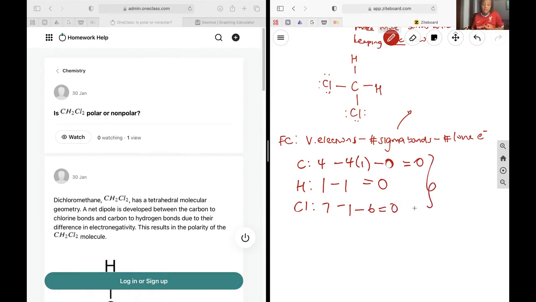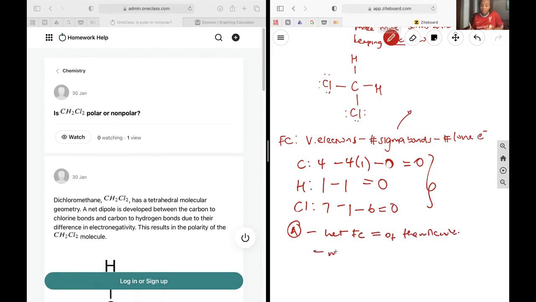So I can see that, first off, I would like to get the net formal charge to equal that of the molecule. So all of the charges add up to 0. The molecule has a net charge of 0, so I can tell that this is correct.